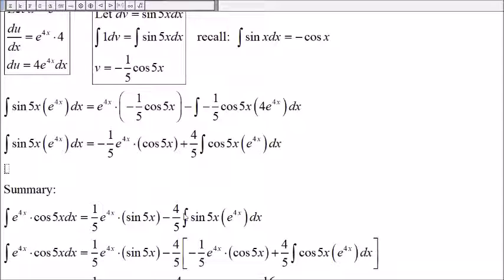So in the place of this integral, we will replace it with this. And so the integral of cosine 5x e to the 4x is equal to this.